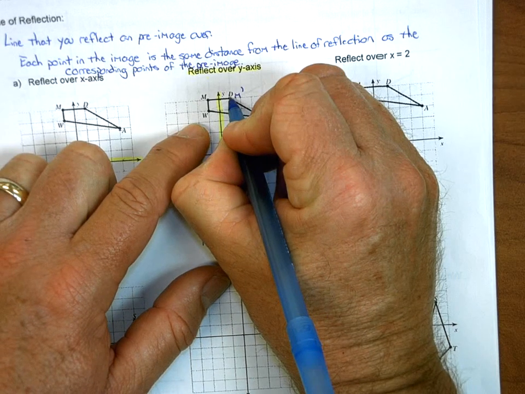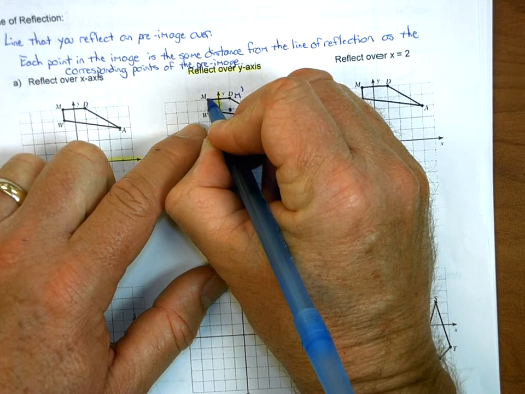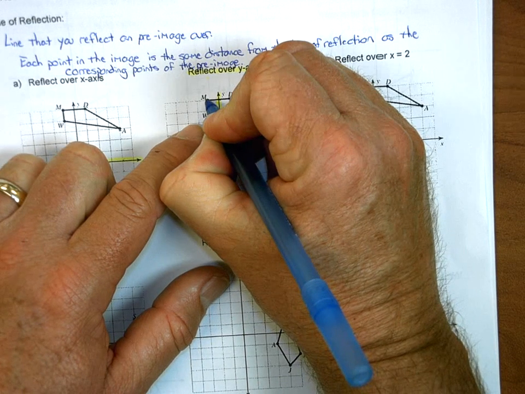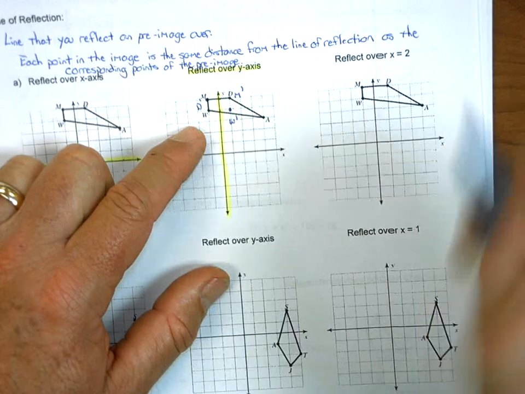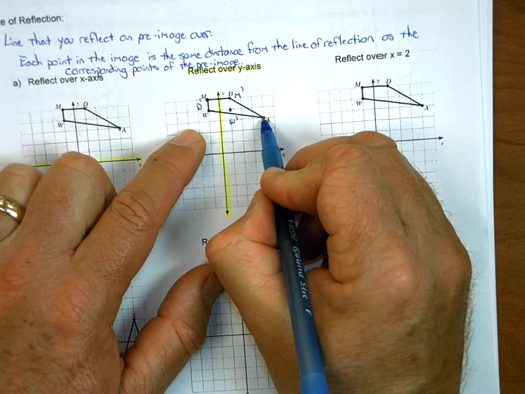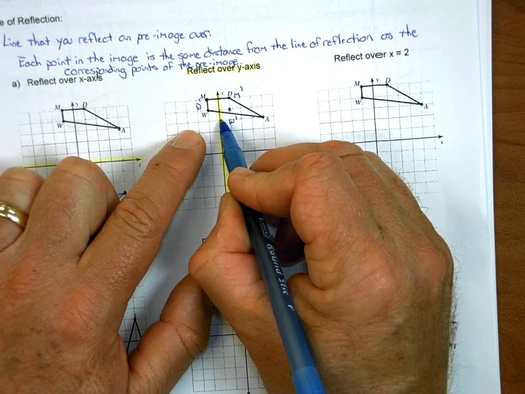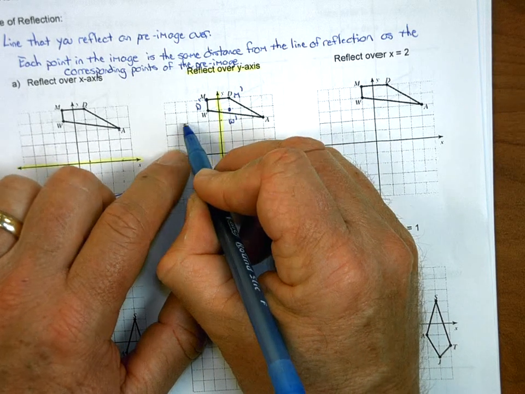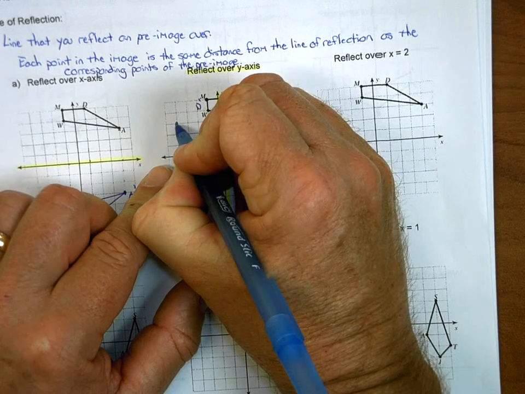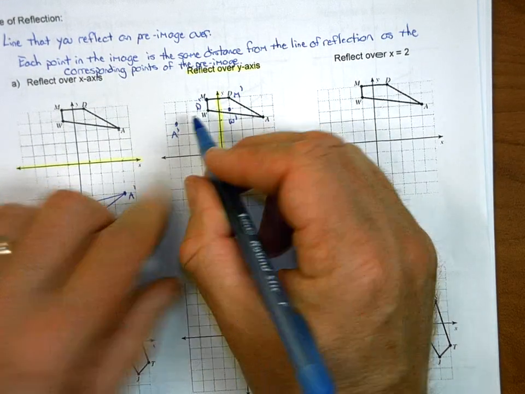D is 1 space to the right of my line of reflection, so D prime would be 1 space to the left. So D prime would actually be right where M is. Okay, this one's a little confusing to draw, and then let's look at A. If you notice, A is 1, 2, 3, 4 spaces to the right of my line of reflection, so that means A prime has to be 4 spaces to the left of my line of reflection. It gets flipped to the other side.